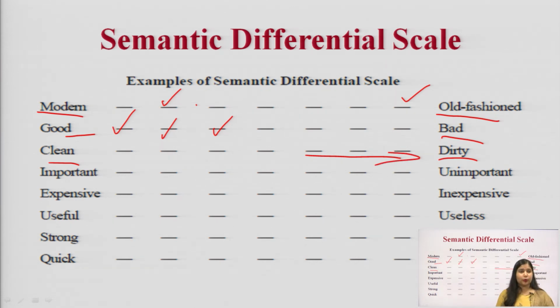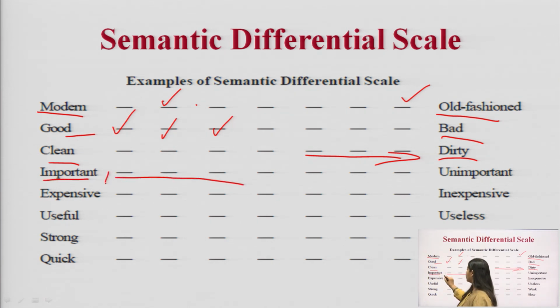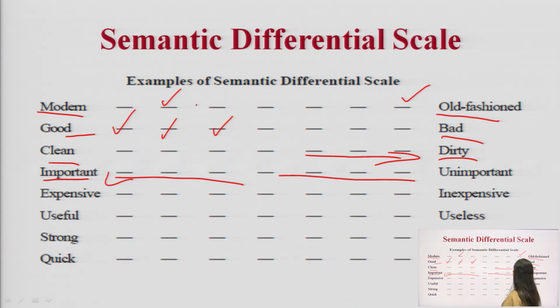If you talk about importance, and something is very important, your response will incline toward this point. If it is not important, your response will be in any of these 3 points. These are some examples of semantic differential scales.